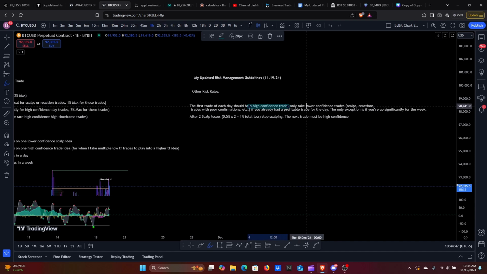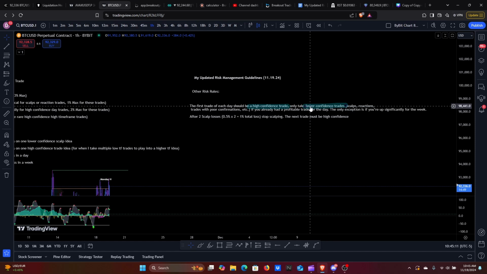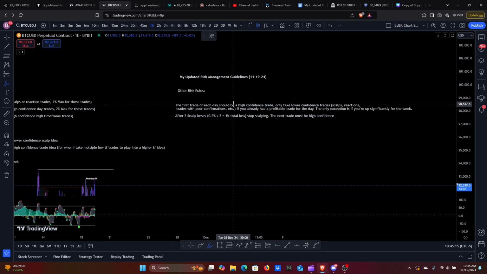And I should only take lower confidence trades, which are scalps, reactions, trades with poor confirmations, etc., if I already had a profitable trade for the day. Essentially, I want to be trading with house money if I'm going to be taking a stupid trade that may lose or may win. And that is a rule that has helped me to avoid a lot of losses because I am focusing on the higher confidence ideas.